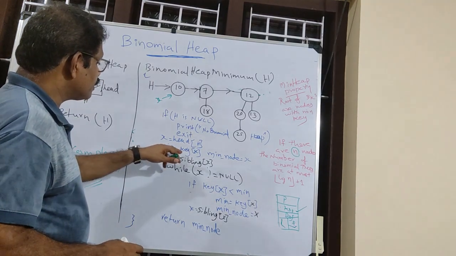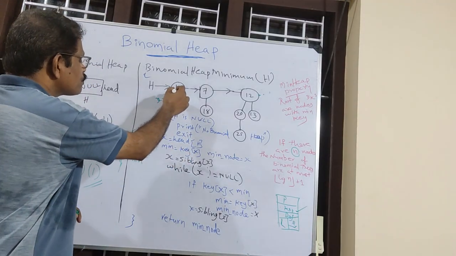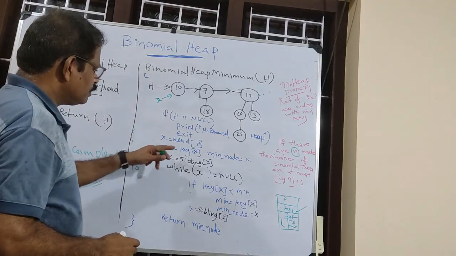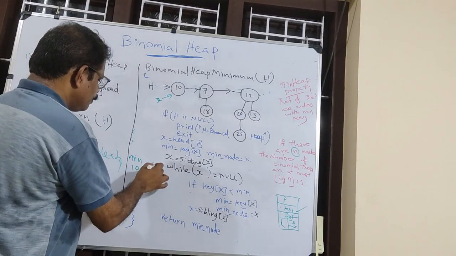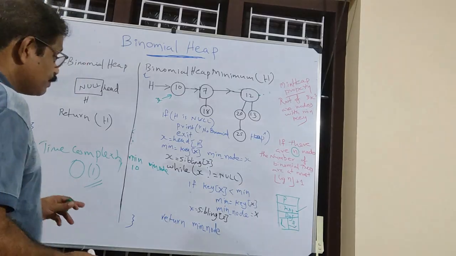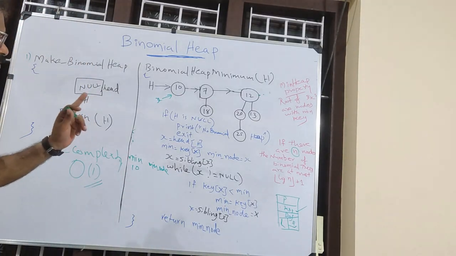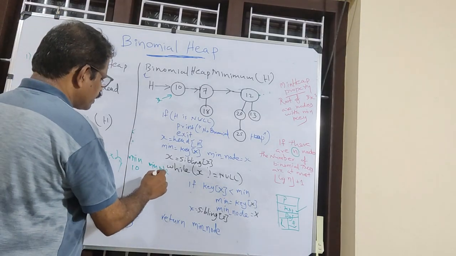So this will be assigned the key field of x. This is a node pointed by x. Its key field is 10. Then another pointer, min node, will maintain a link to the node containing minimum value. So it will be 10 now.